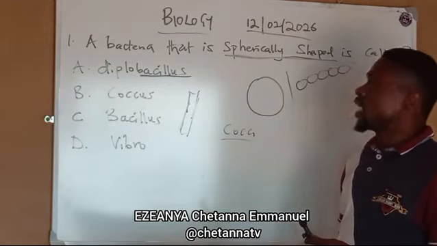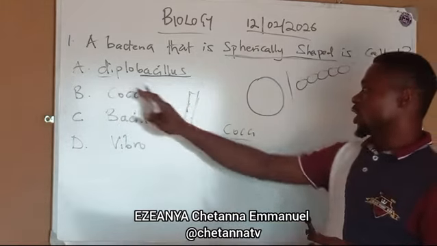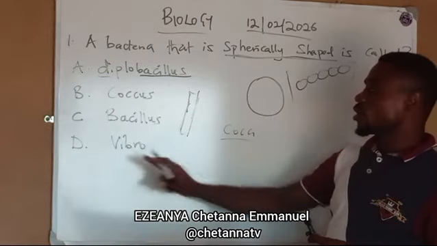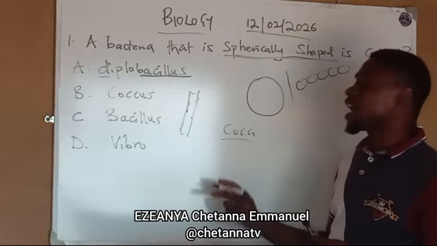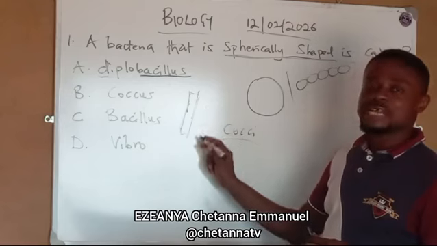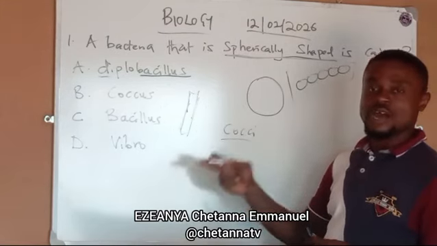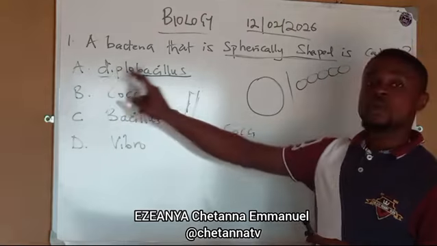Then diplobacillus: just as we have strepto, the diplo is not talking about the shape. The diplo talks about how they appear. You see them appear in pairs, joined to each other from one end to the other end. That's what we mean by diplobacillus.